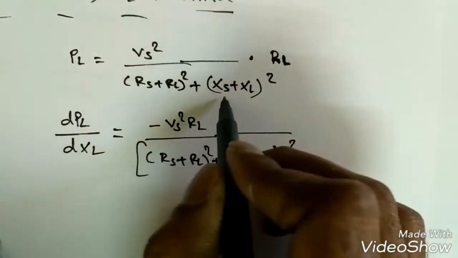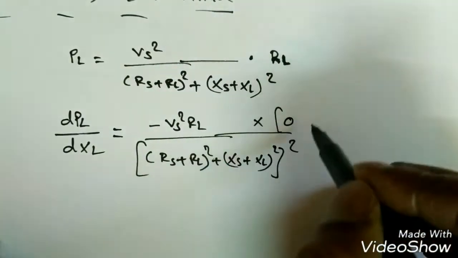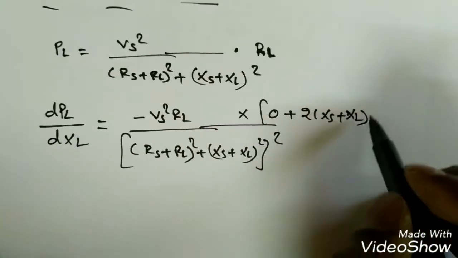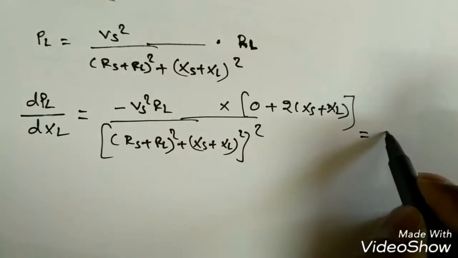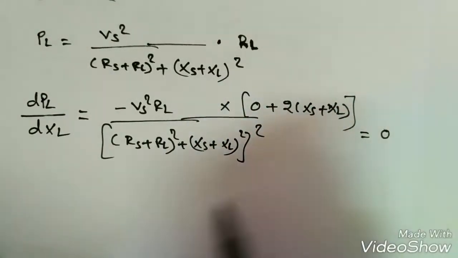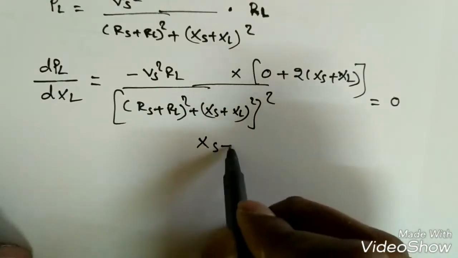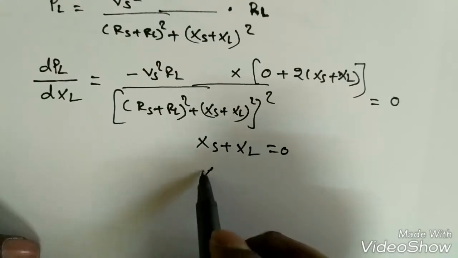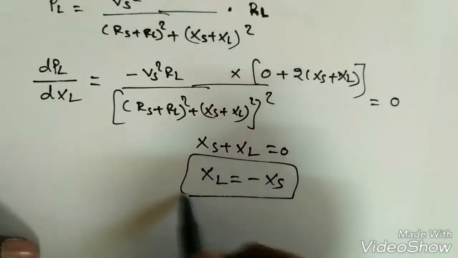Now I have assumed this is X, so into, we need to differentiate this one, so this is 0 plus 2 into Xs plus XL. This is the differentiation. To find the maximum, we need to make it 0. Vs cannot be 0, so we will only get Xs plus XL equal to 0. That means XL should be equal to minus Xs.